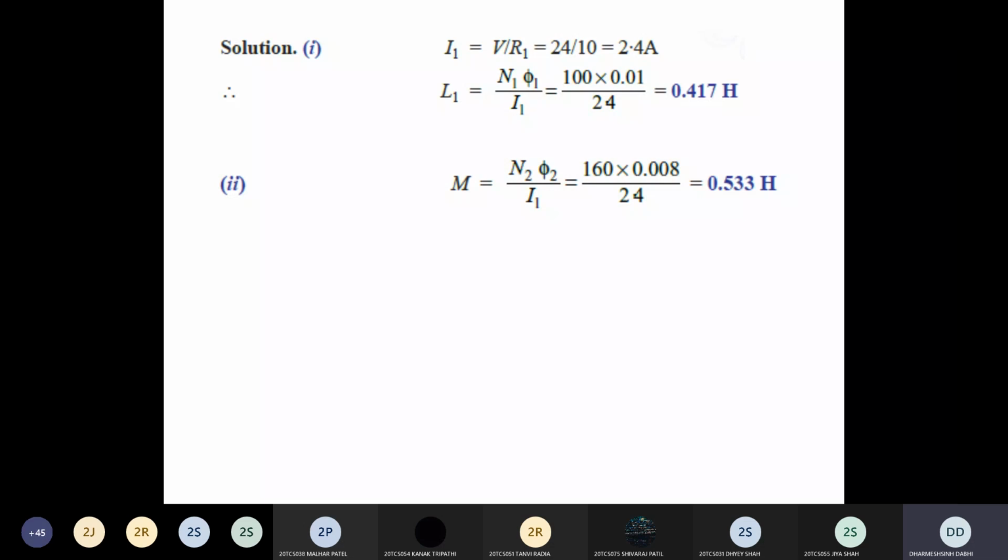But here again L2 is an unknown quantity, so you cannot apply that equation. So how to find K? Another way: phi 1 2 by phi 1. Here, what is phi 1 2? That is nothing but phi 2. Clear?